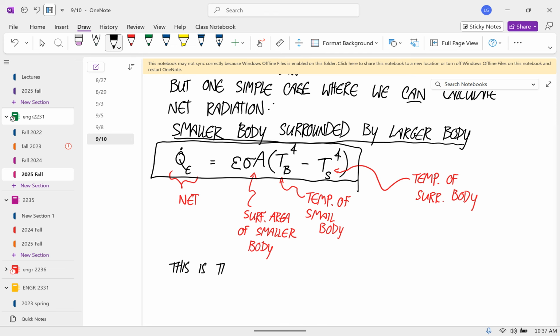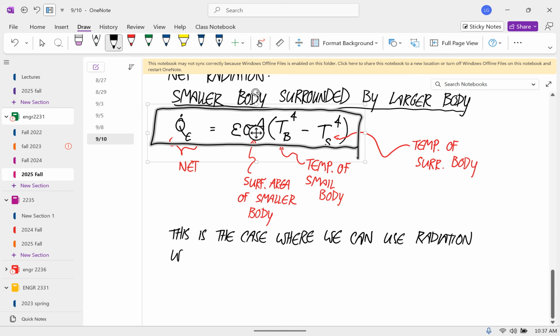This is the case where we can use radiation with the first law. Let's say with the differential form of the first law.